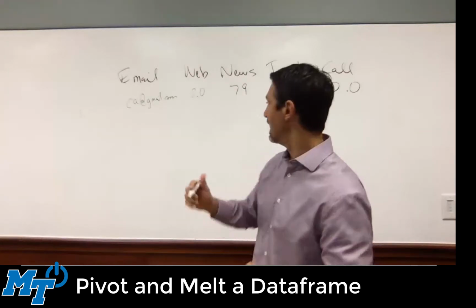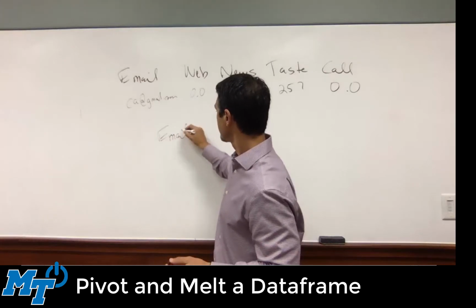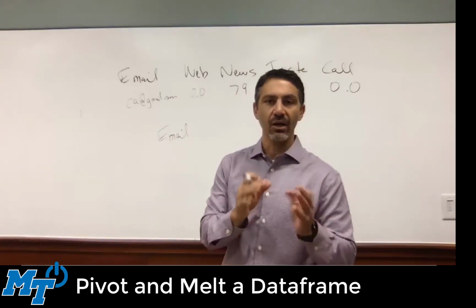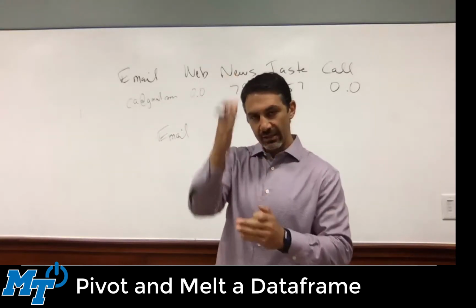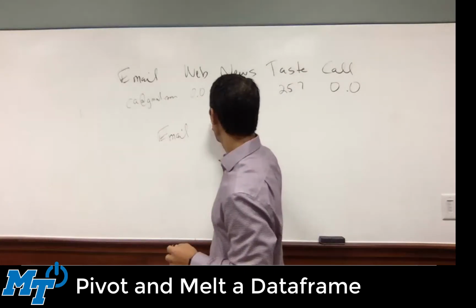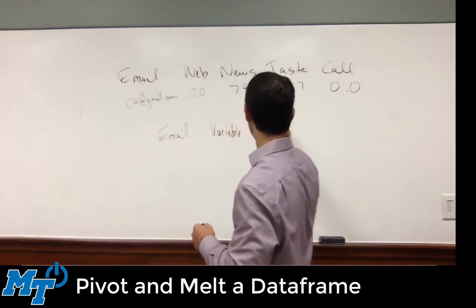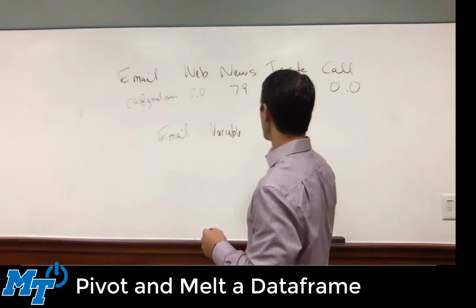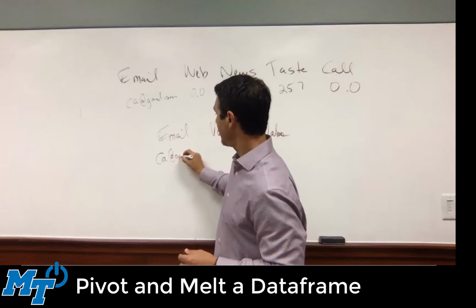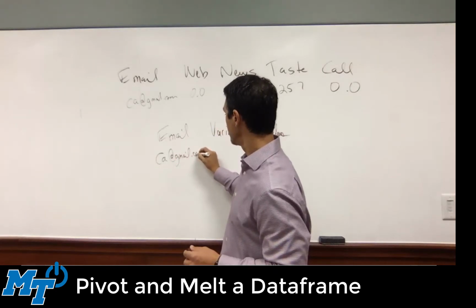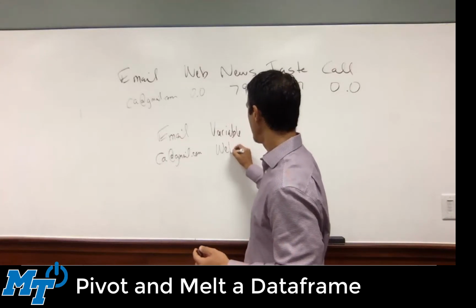When we melt this, we still have email. We then put all 4 of those categories into one column, so our variable here, and then our value. For the Gmail address, the variable in this case would be web.